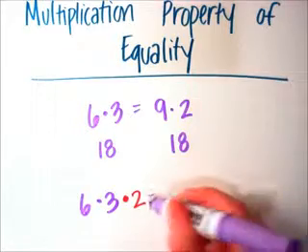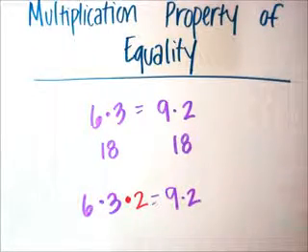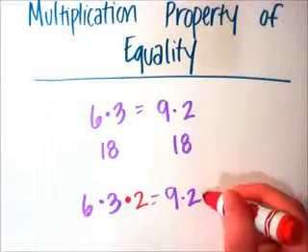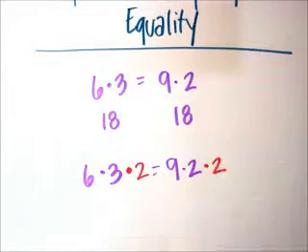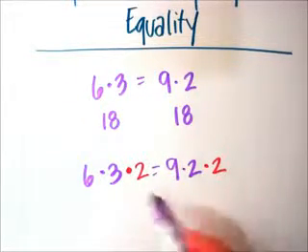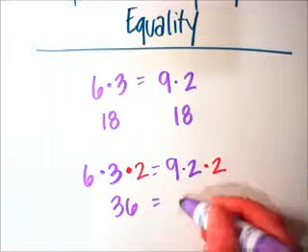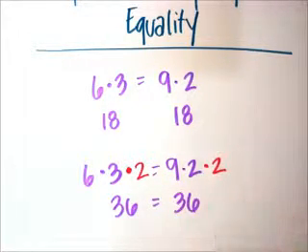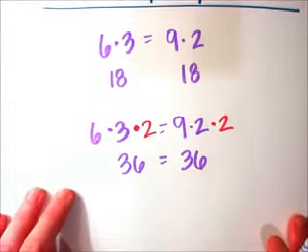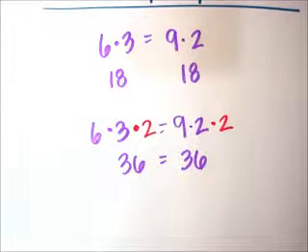Would that have any effect on their solutions? Well, it would change what both sides equal, but they'd still remain equal, because this is now going to be equal to 36, and this side is also equal to 36. So the right-hand side and the left-hand side still remain equal.